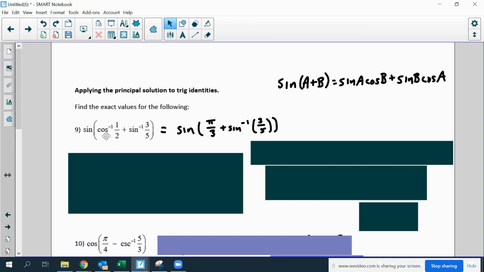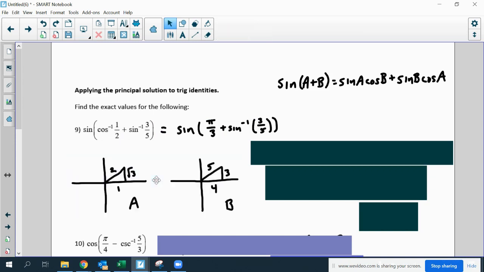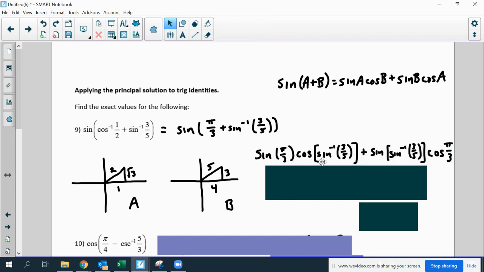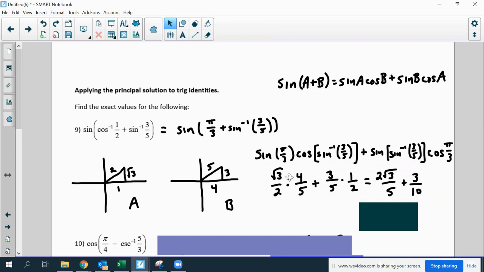So I do know that the cosine inverse of 1/2 is pi thirds, because I can draw the picture, but here's what A and B look like in terms of triangles. So what I can do is rewrite it if I want like this, or I can just use the triangles. So sine of A is going to be root 3 over 2. Cosine of B is going to be 4/5, and so on. And so I can just use the trig identities to get me an answer.